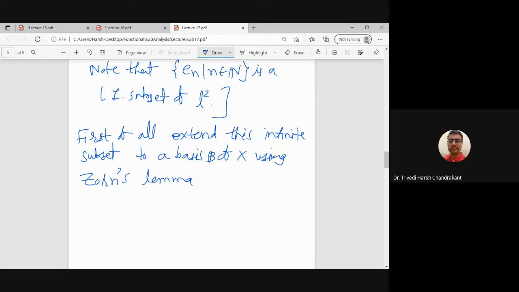And then we can construct a function. Define f(x) to be y naught if x is an element of the linearly independent set L, and it is 0 if x is in the basis but not in L. Right?